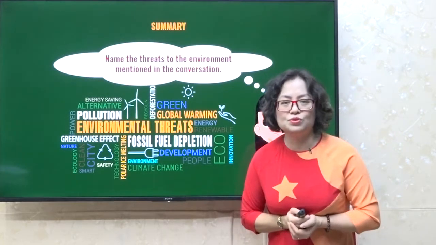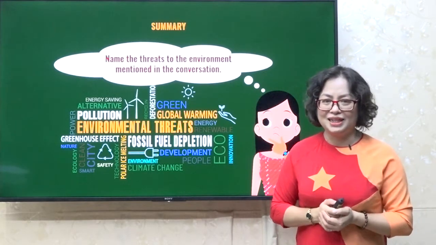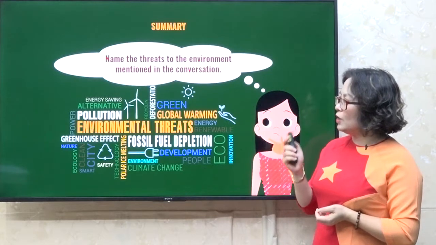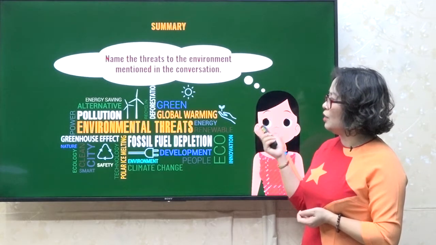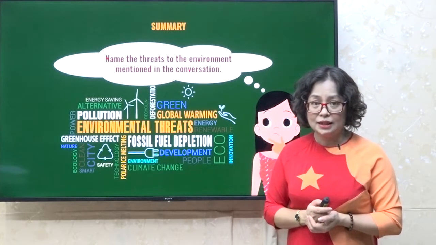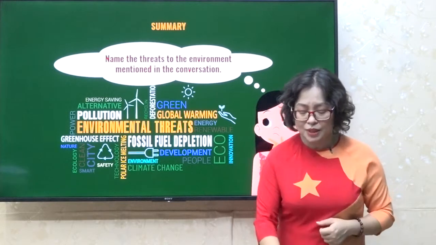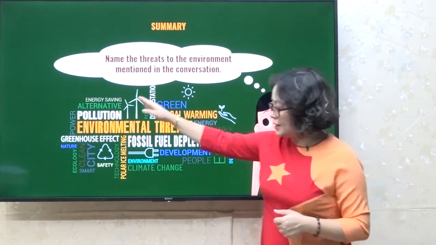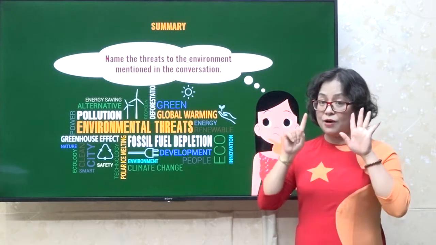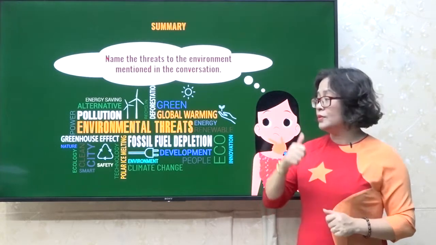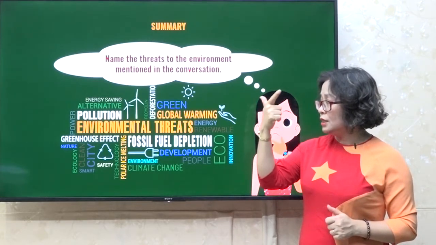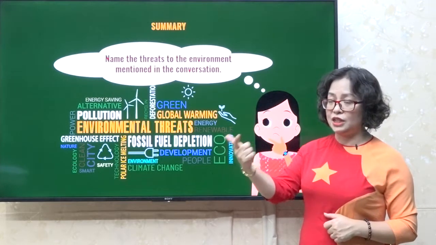Now let's come to our summary today for the lesson. I'd like you to name the threats of the environment mentioned in the conversation. Can you? Now, this is my word cloud, and then you can see we have 6 threats. Number 1, global warming. Number 2, deforestation.